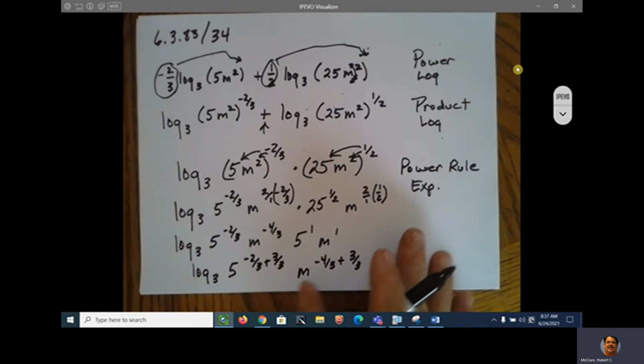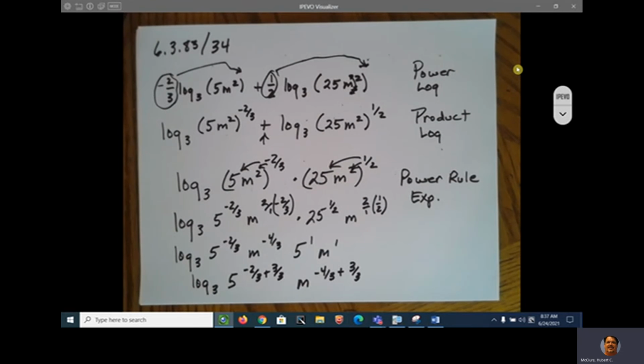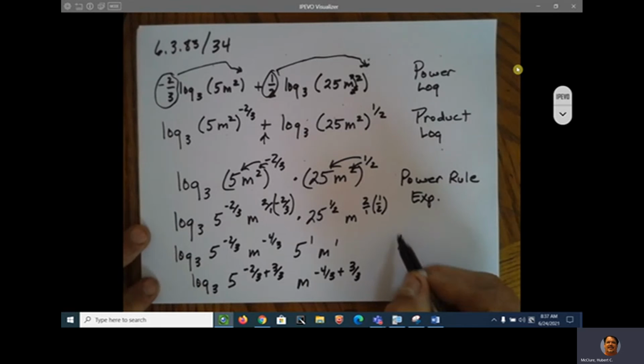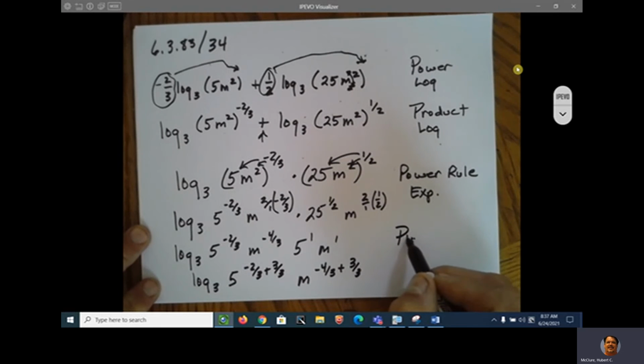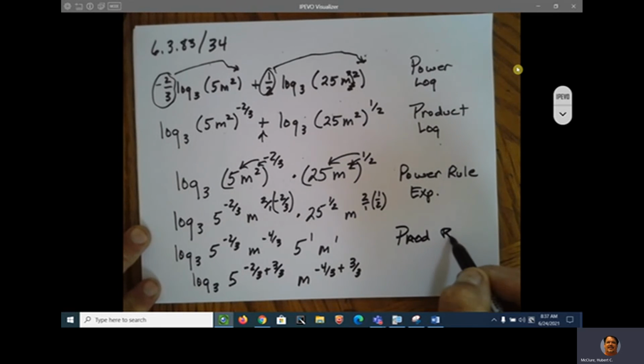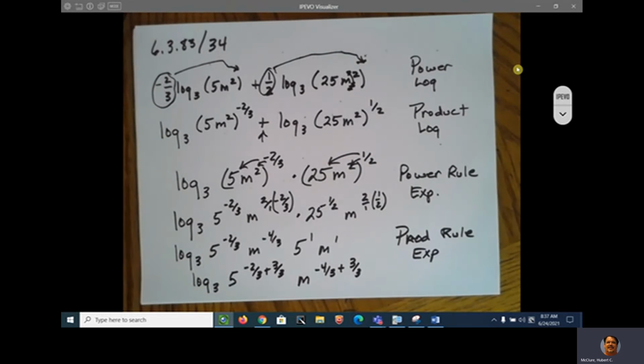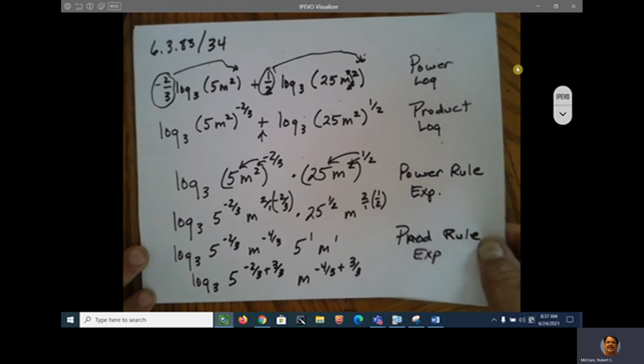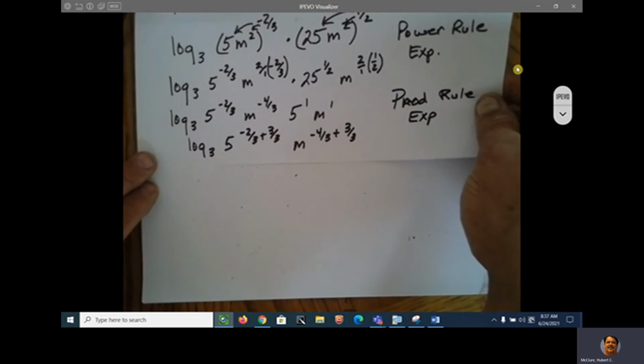I'll leave that up for a few seconds so you can hit the pause button. And here I'm using the product rule of exponents. And I'm going to carry this over to the next page. So I'm just going to move this up a little bit.